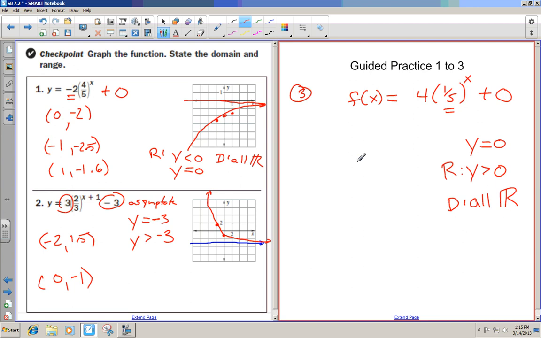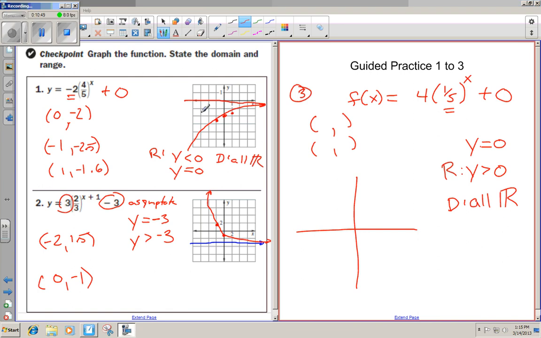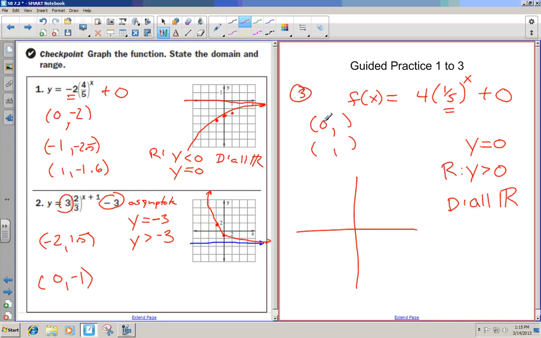So all we have to do now is graph. Let's take a look at finding two random points that you want to find. They can be whatever points you want. So I put it into the y equals form, and I found that at 0, it was 4, and at 1, it's 0.8.